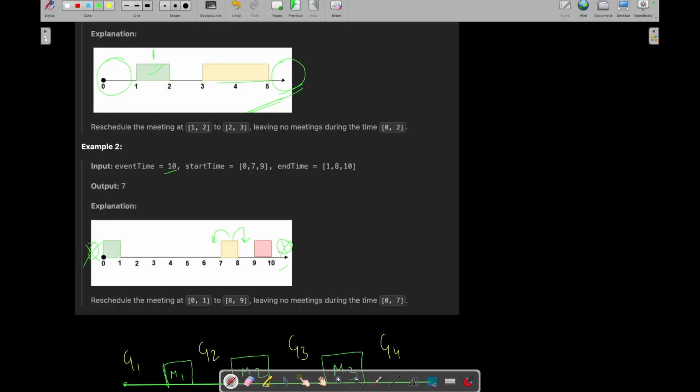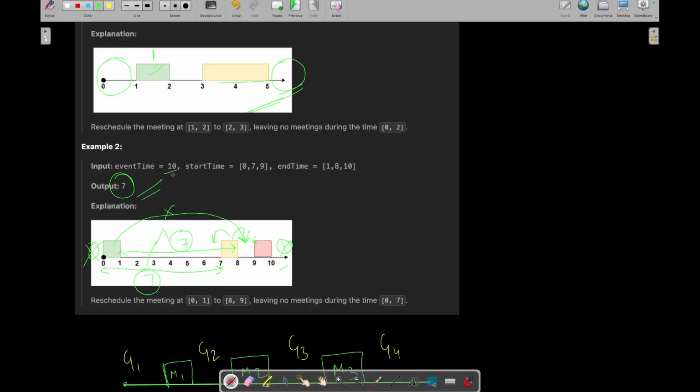Or we can take this meeting and put it here. If we put this meeting here, then the longest duration available is 7. Or if we don't do that and just move this meeting here, then the longest length available is 8 minus 1, that is also 7. So both ways are possible, and the maximum of both of them is 7.